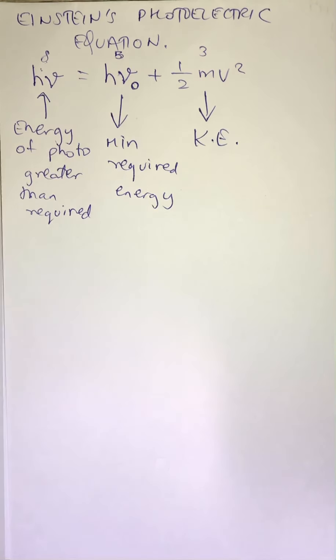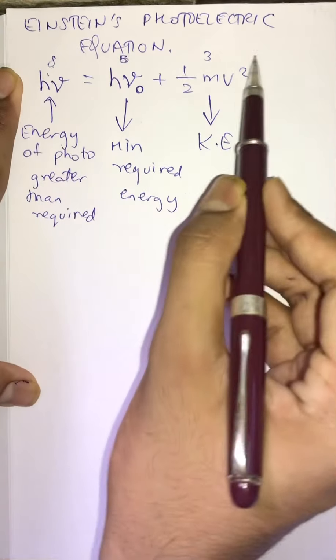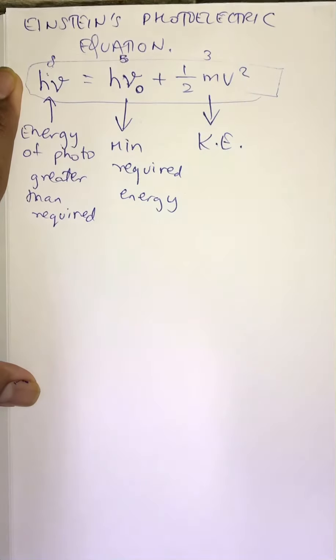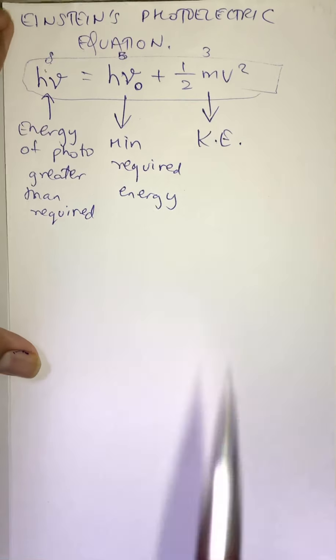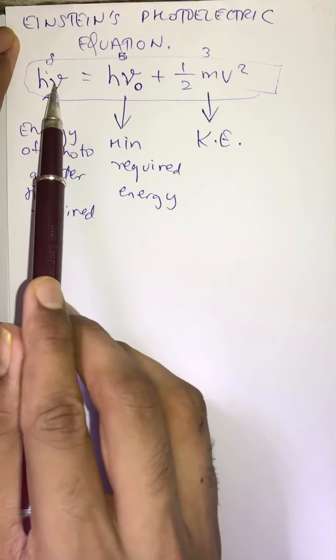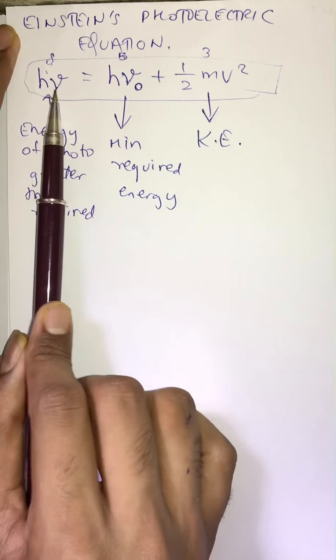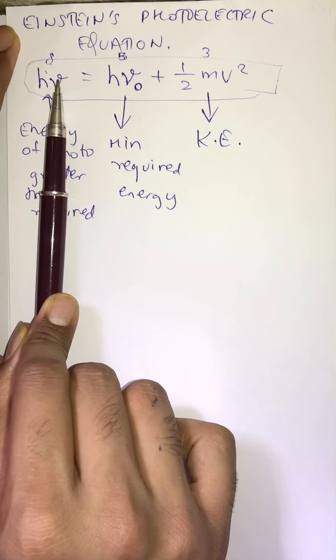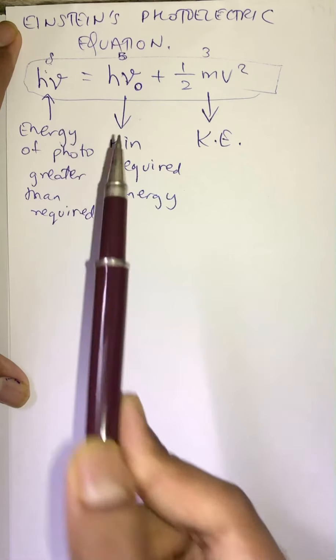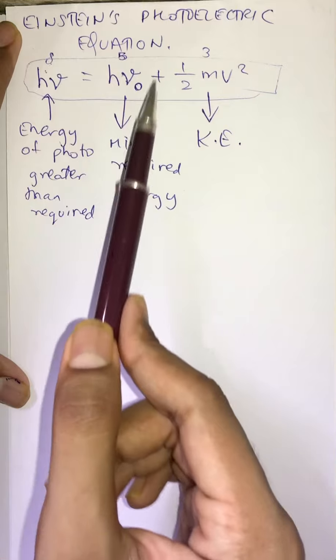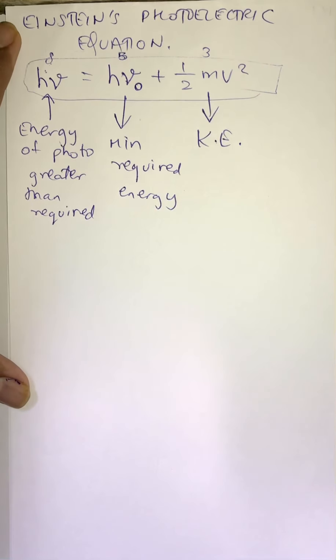This was Einstein's photoelectric equation, for which Einstein was given a Nobel Prize in 1921, I guess. Yeah, 1921. He was awarded a Nobel Prize for this wonderful equation, which states that if we supply a greater amount of energy, then the required energy will be consumed for removing that electron, for overcoming the force of attraction, and the remaining energy will be left with the electron.